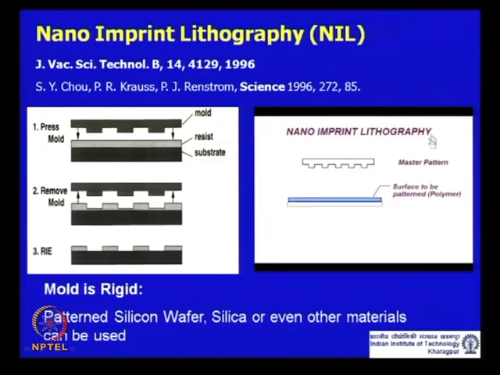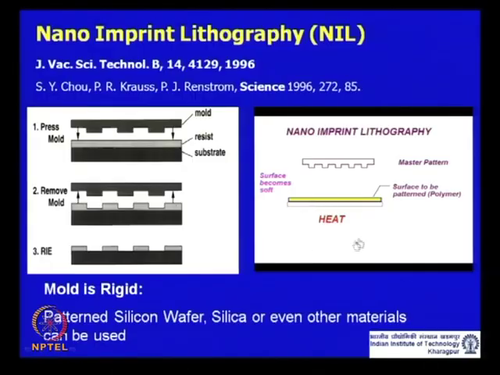Here at the starting hardware you have a master pattern or the mold which has the topographic relief structures. You have a surface to be patterned, a polymer film on a rigid surface, let us say. First you start off by heating the film, typically to temperatures beyond the glass transition temperature.